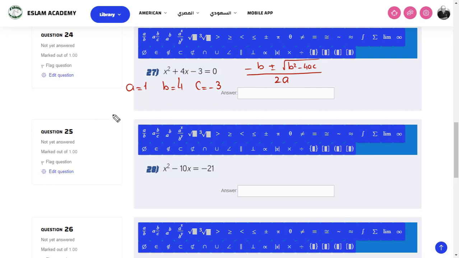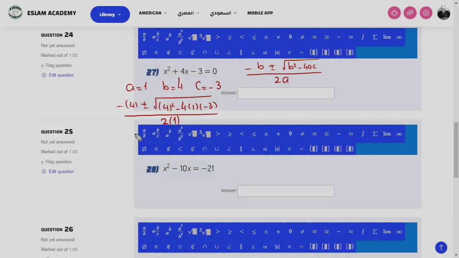Now by using substitution: negative b plus or minus the square root of b^2 minus 4 multiplied by a multiplied by c. If you need to replace any number, just put it inside the bracket. So 2 multiplied by a, which equals 1. Now by using the calculator, you will find that x is equal to negative 4.6 or x is equal to 0.6.